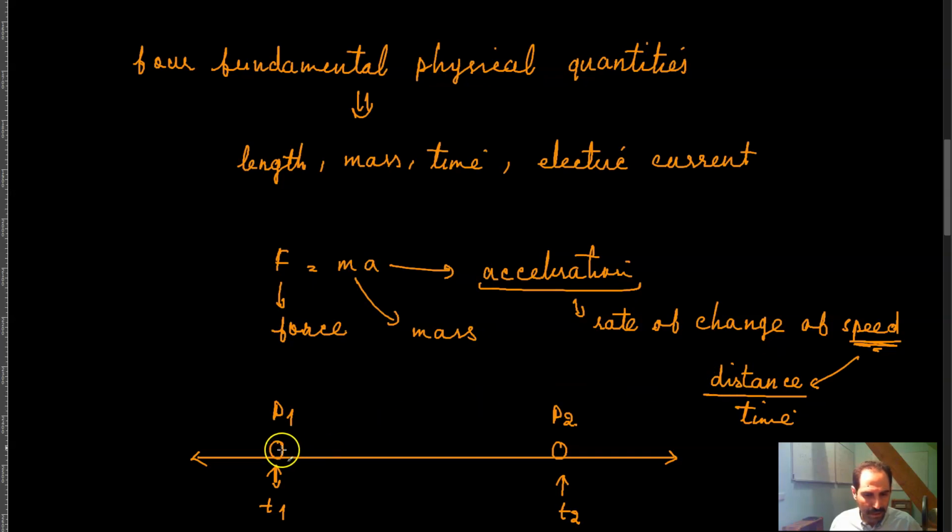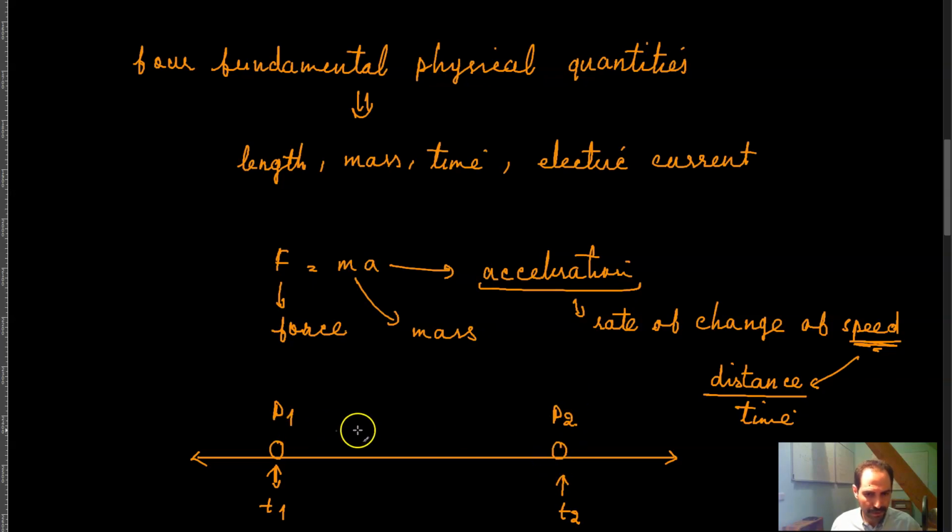So the distance that the object has covered in this time interval is p2 minus p1. If I take this point as 0 of the coordinate system, however you want to consider that, then there is some distance between the points p1 and p2.